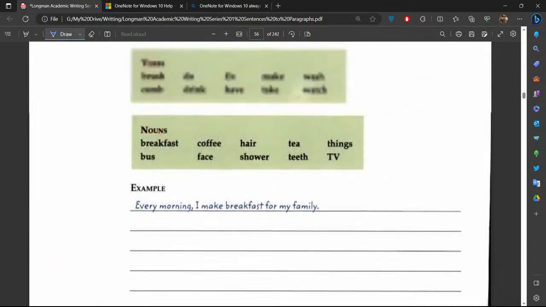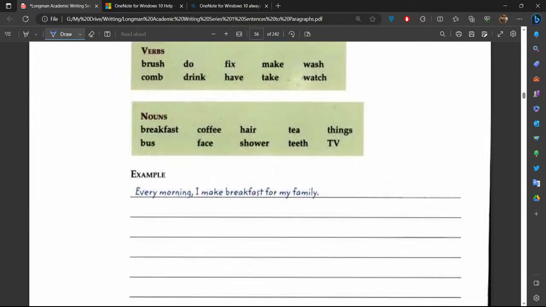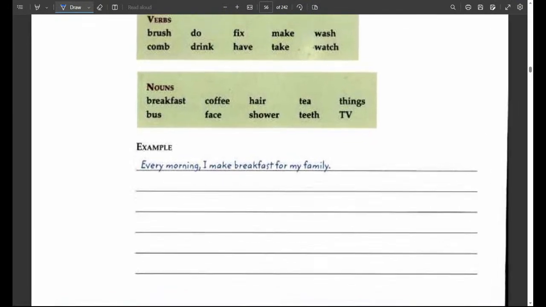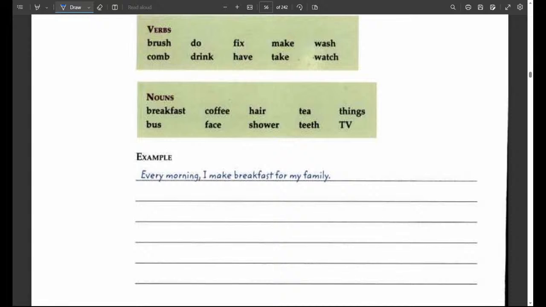Okay. So let's make the screen bigger so that we can have more space to write. Alright. The verbs are brush, do, fix, make, wash, comb, drink, have, take, watch. Breakfast, coffee, hair, tea, things, bus, coffee, face, shower, teeth, and TV.